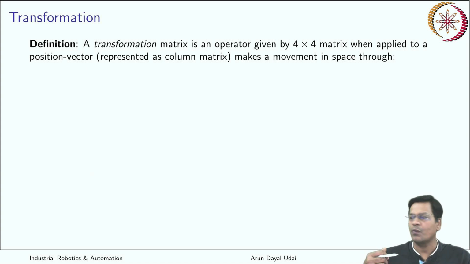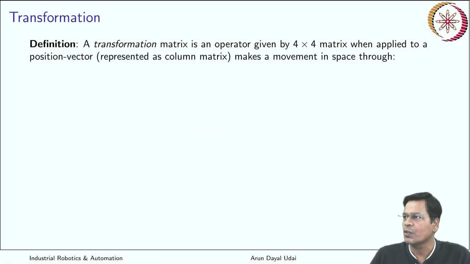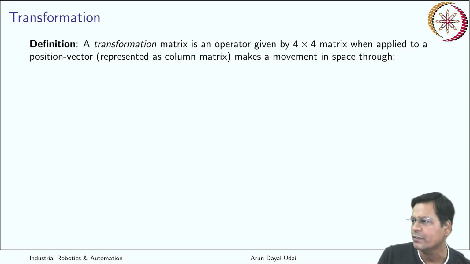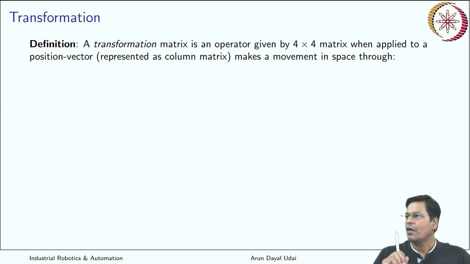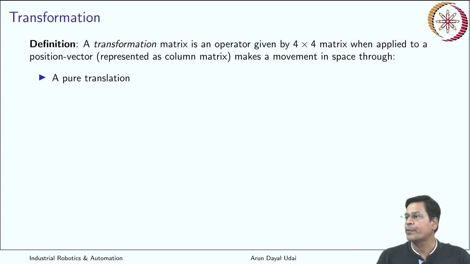Now, what are transformations? Now that we have already defined different frames, different bodies, and how to define a point, transformation matrices are operators. They are operators given by a 4 cross 4 matrix, applied to a position vector represented as a column matrix, as we have just seen. That makes a movement in space through a pure translation.